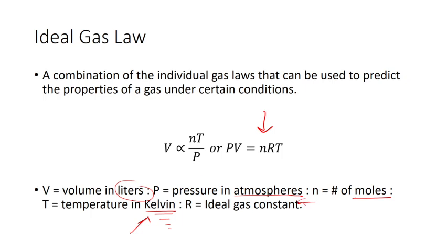We use one form when we have liters, atmospheres, moles, and Kelvin. That's the one you will see most often. There are some others as well. And the reason that we use Kelvin here instead of Celsius, hopefully you will understand even before I say it, is that looking at the equation here, if we are working with Celsius and our temperature happens to be negative, that would mean at some point when we are finished with our calculation, we would calculate a negative pressure or a negative volume, and you cannot have negative pressures or negative volumes.